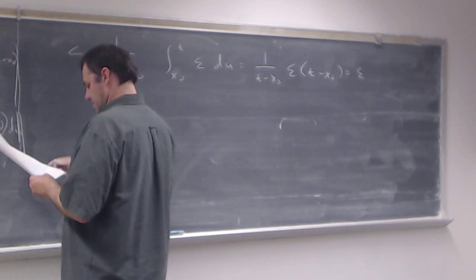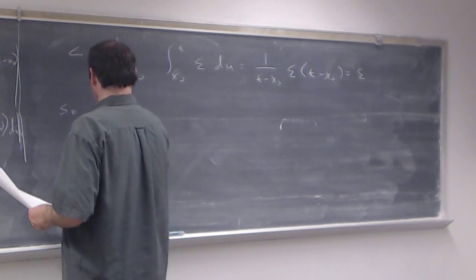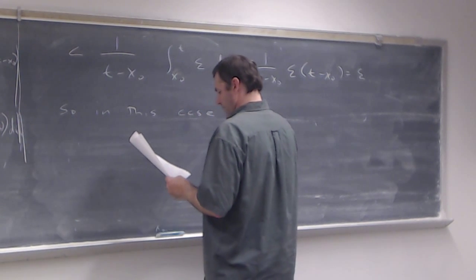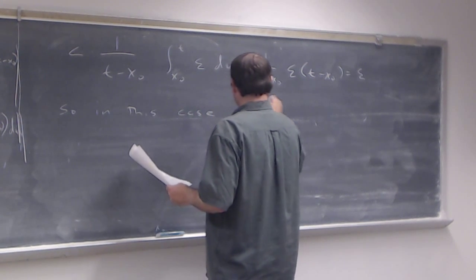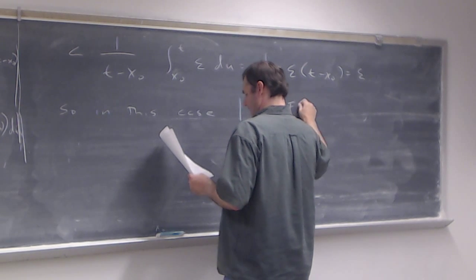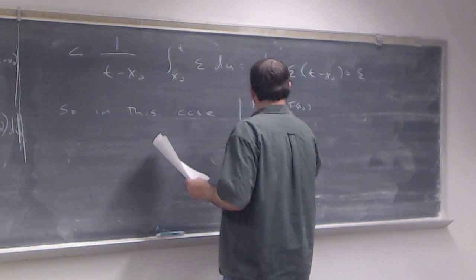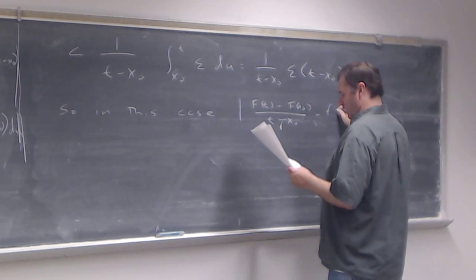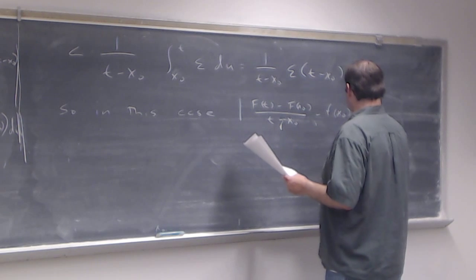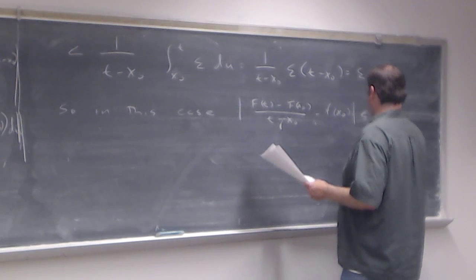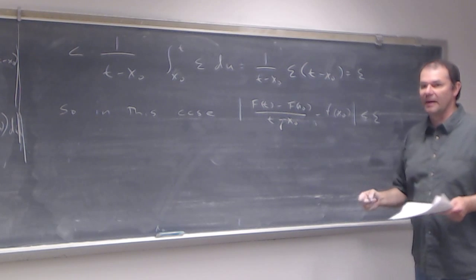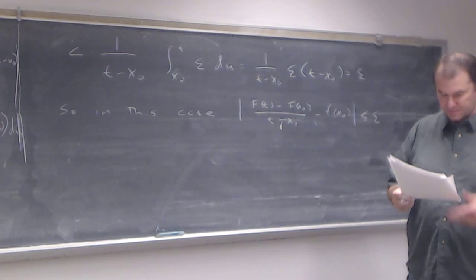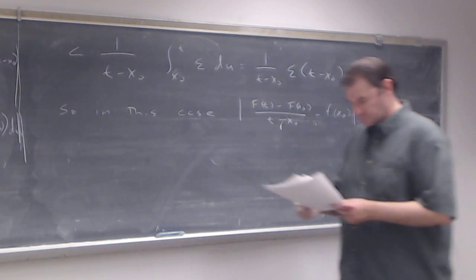So that shows, in this case, that |(F(t) − F(x₀))/(t − x₀) − f(x₀)| is less than epsilon when the absolute value of t − x₀ is less than delta for this particular delta. There exists a delta to make this happen.